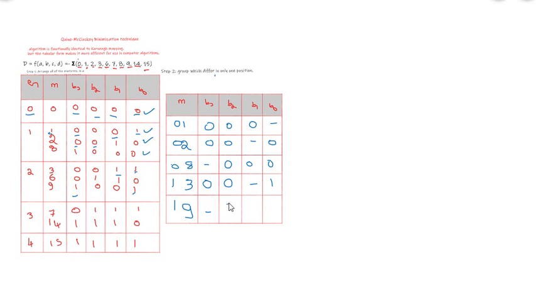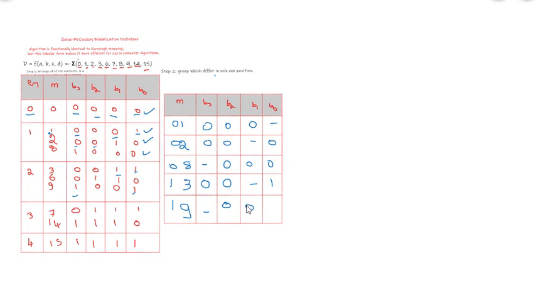The other two bits are both 0 0, and the last bit is 1. So we can represent 1 and 9 as dash 0 0 1. This is how we do the grouping. Now we move on to the next group.